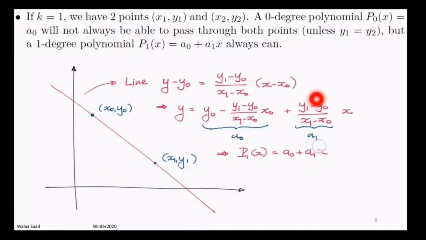We are familiar with the straight line equation using the point form, and we can rewrite this form into the slope intercept form. Moving y naught to the other side and distributing x naught, we construct a term which includes only x naught y naught and x1 y1, which is the free term, and the change in y by the change in x, which is the slope or the coefficient of x.